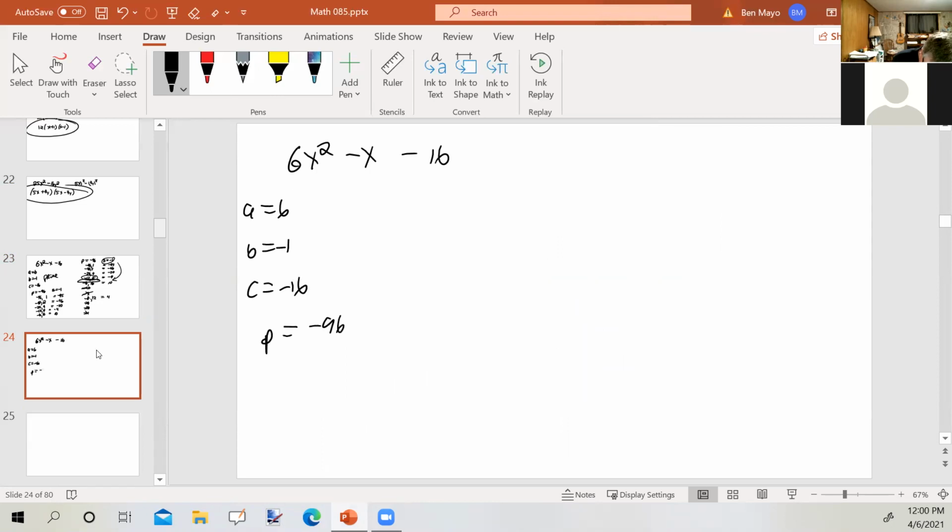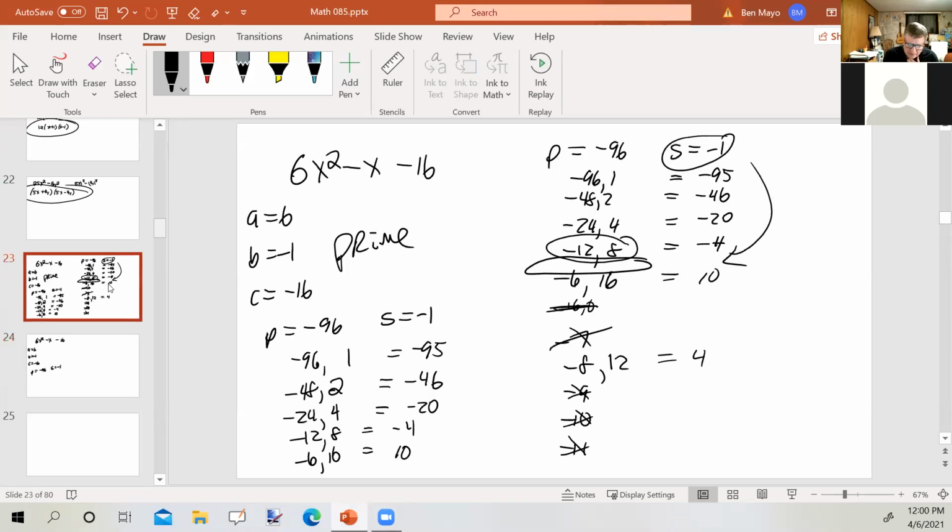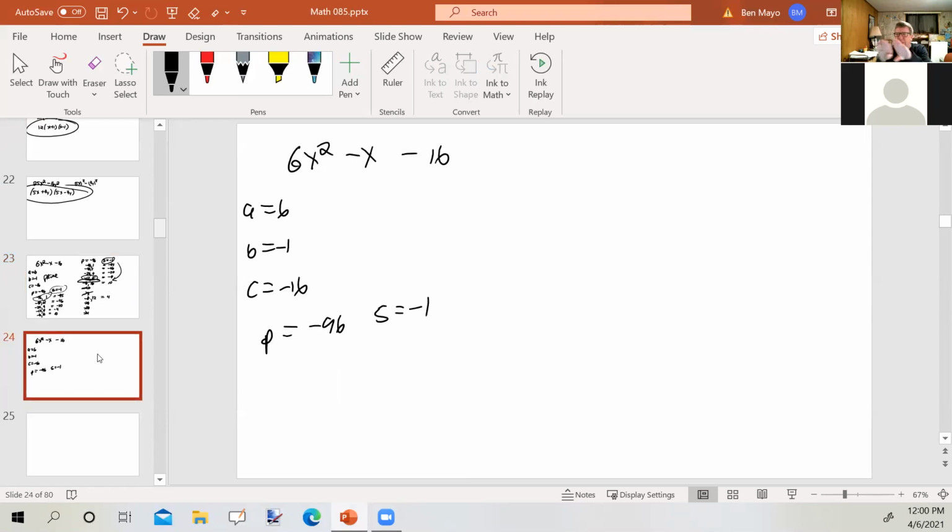The product is -96, and the sum is -1. Now, back here, I kind of started at the outer edges, the big number, the small number, -96 and 1. But since the sum is -1, remember how I said the two numbers had to be really close together, but one positive and one negative? So instead of starting at the outer edge, I'm going to start in the middle.